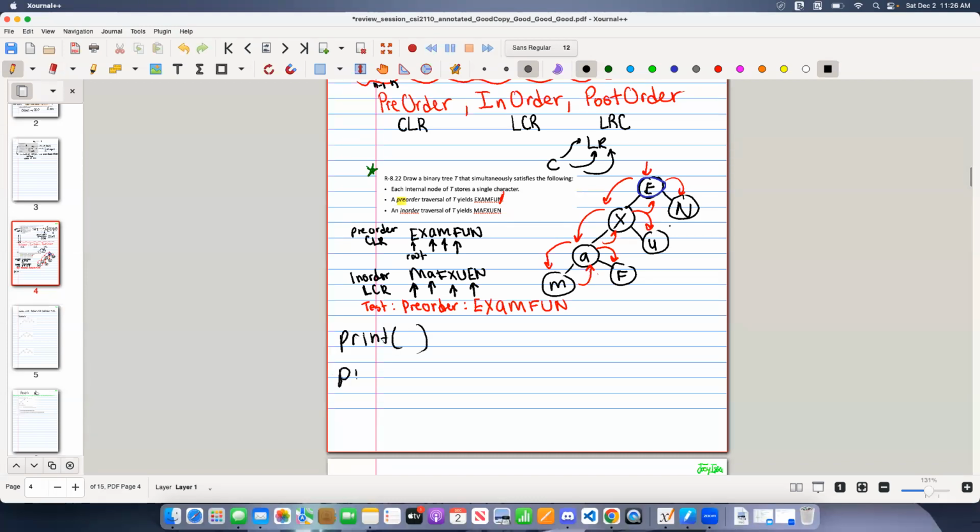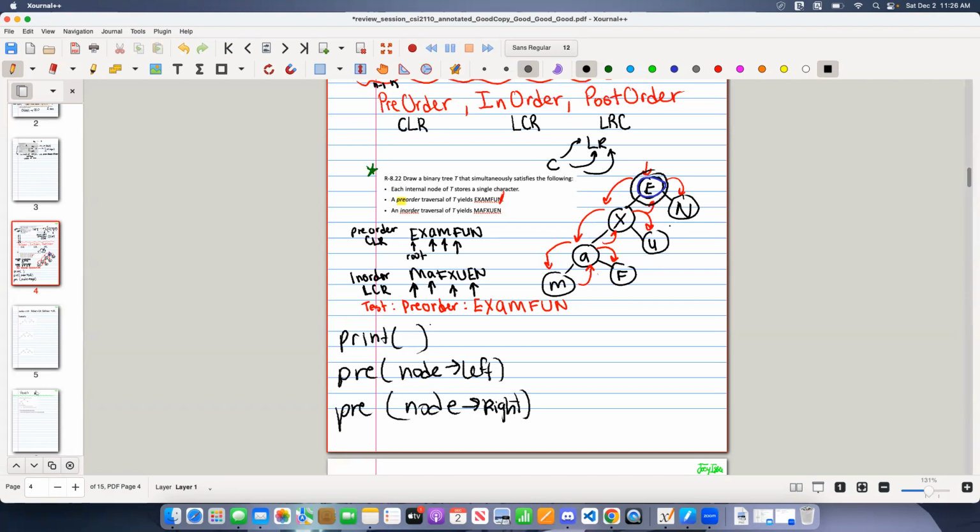Then the next call is pre, node, going to left. Then the next call is pre, node, going to the right. In terms of this, the first node you have, you're going to print right away. So that's why you print E first.